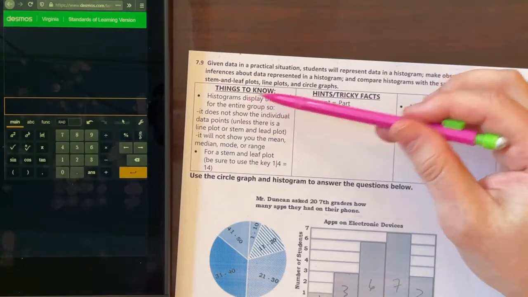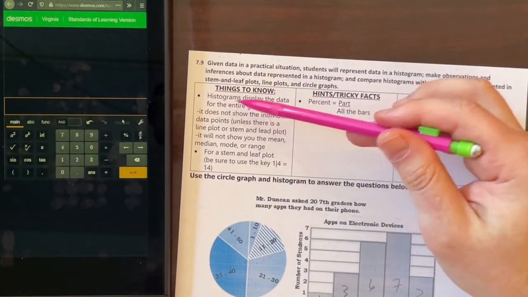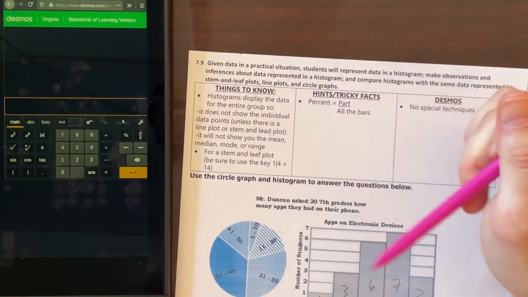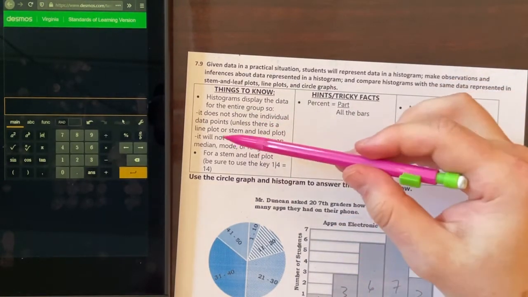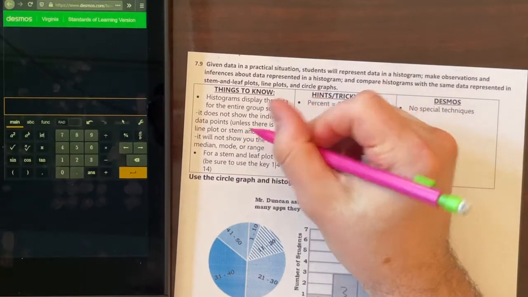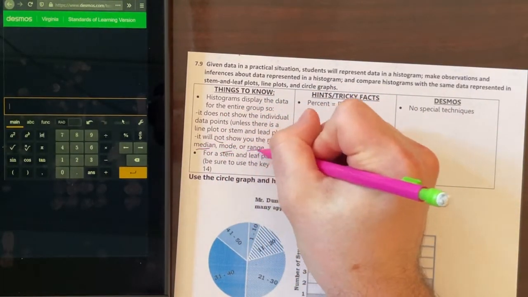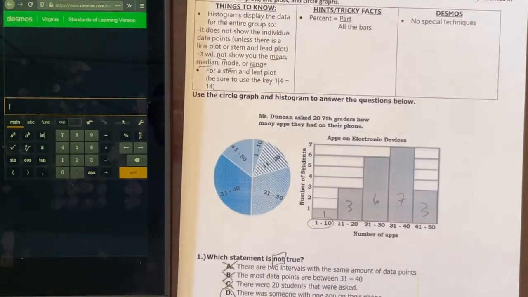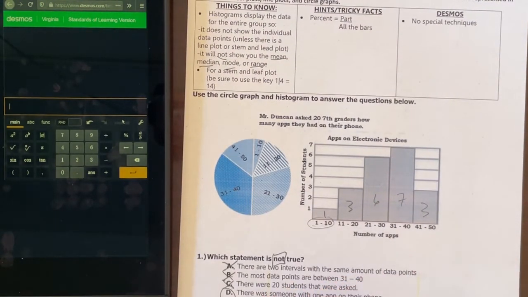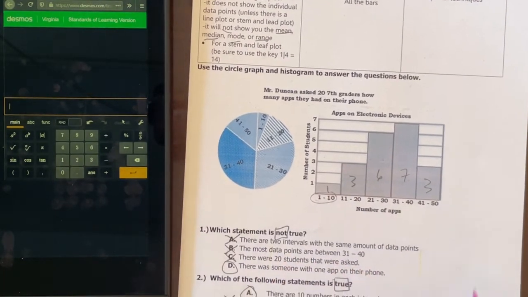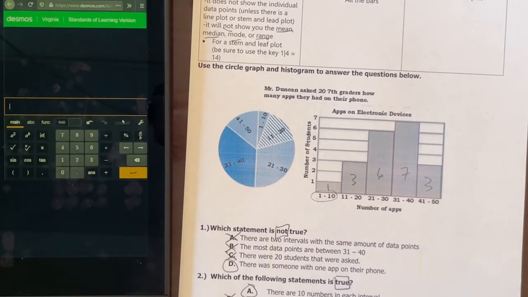A histogram does not show individual data points, and it does not show the mean, median, mode, or range. So yes, there are 10 numbers in each of those intervals, which is why it goes in sets of 10.